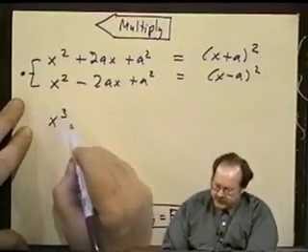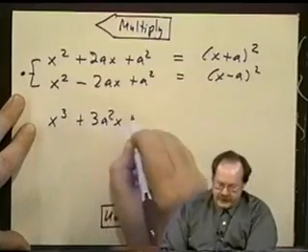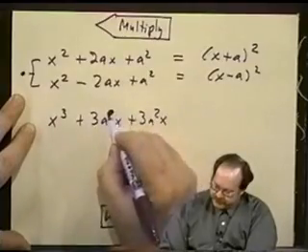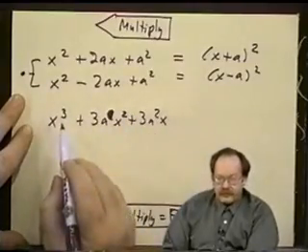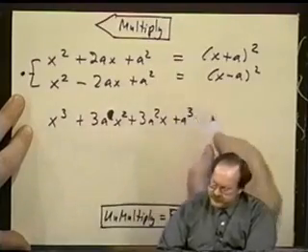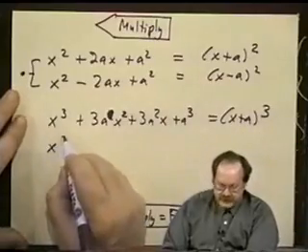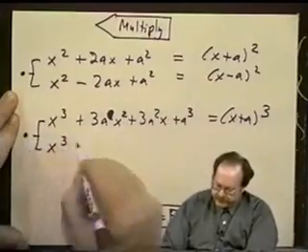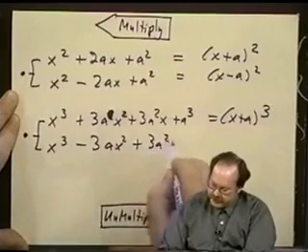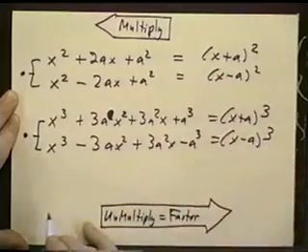We could do the same thing for the cubes, just for the record here. x cubed plus 3ax squared plus 3a squared x plus a cubed is going to equal x plus a cubed. I'm sorry, should have remembered my own rule, right? And likewise, its companion here, x cubed minus 3ax squared plus 3a squared x minus a cubed will be x minus a cubed.